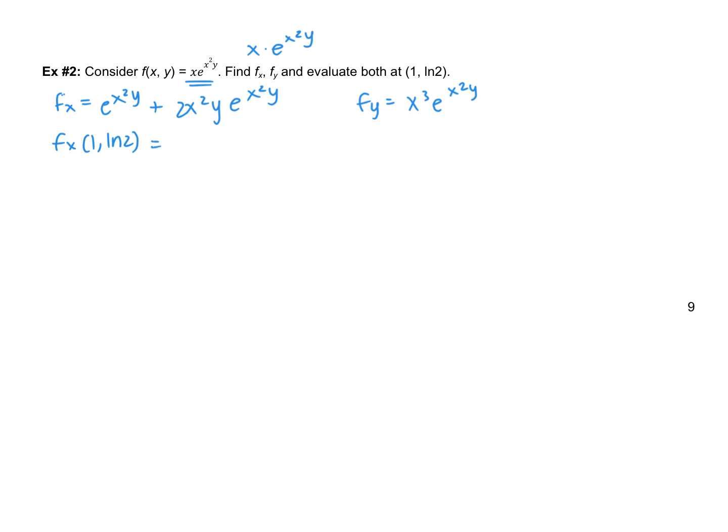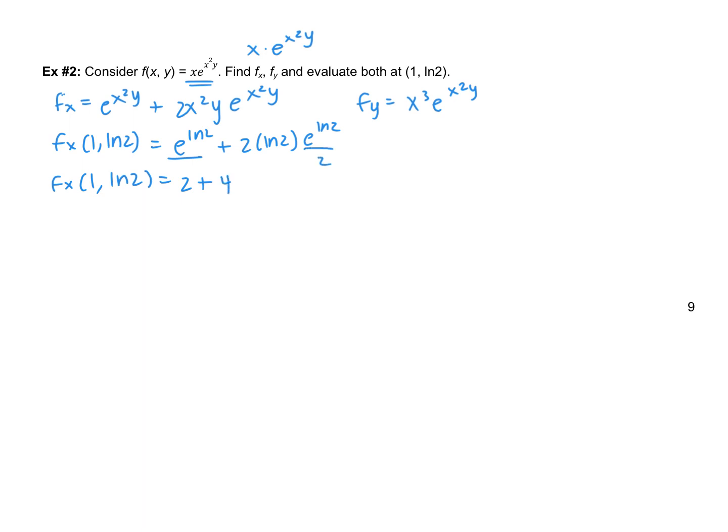Okay, so now I want to evaluate at the point 1 comma natural log of 2. So that would give me e to the natural log of 2, add 2 natural log of 2, e to the natural log of 2. So the first partial of f with respect to x at 1 comma natural log of 2, this is just 2. So we get 2 add, this is also 2.